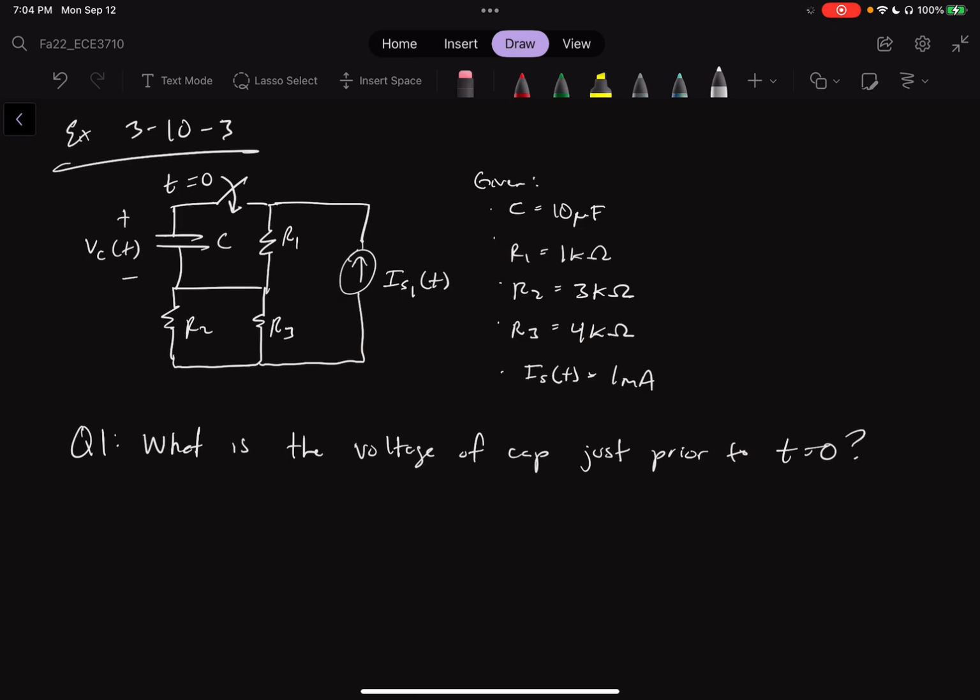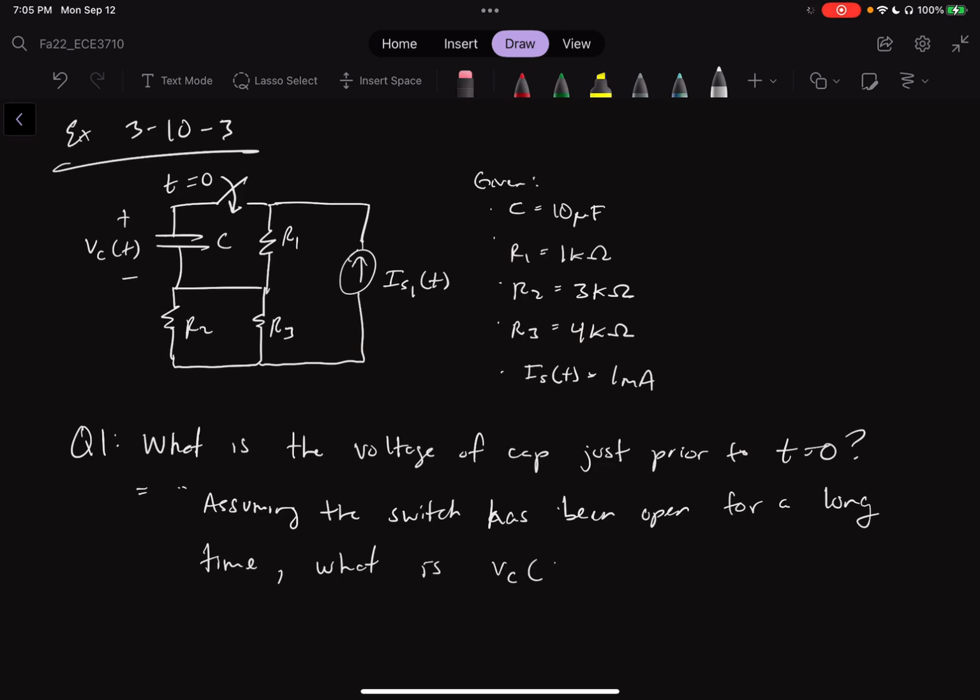So what is another way to ask this question? Another way to ask this is, assuming the switch has been open for a long time, what is VC of T equal to 0 minus?